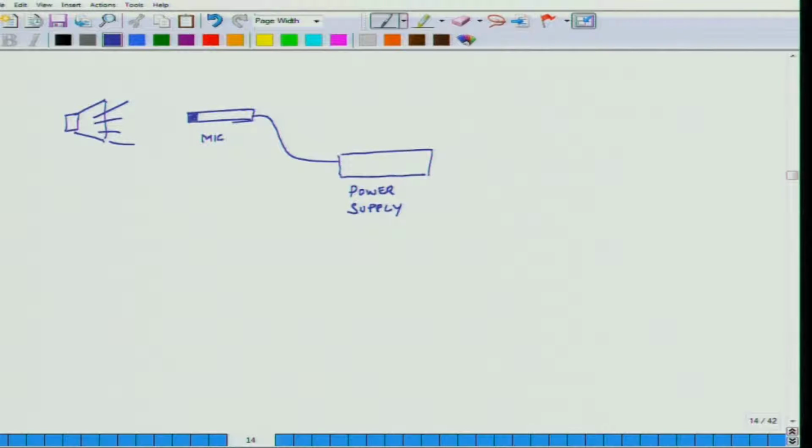And this power supply is such, so this cable, it's not one single conductor, but there may be several conductors. Some conductors may be drawing power to this microphone, and some conductors may be sending signal back to this power supply unit, and maybe from here I have another port in this power supply box, and from here I get my measured signal out.